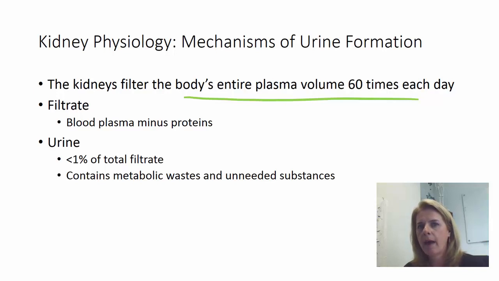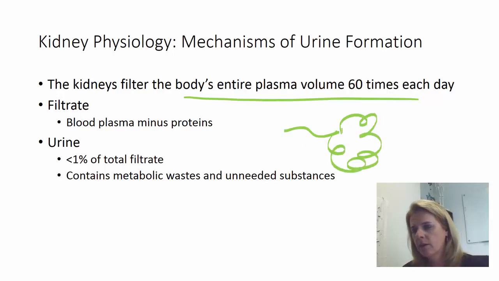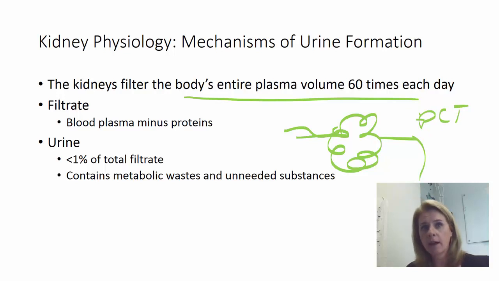So when that blood passes into the kidney, what you're going to form first is called filtrate. If you remember from the first video, the blood goes into the glomerulus and then something goes out into the proximal convoluted tubule. That's called filtrate, and it's the watery portion of the blood. So it's blood plasma minus proteins.